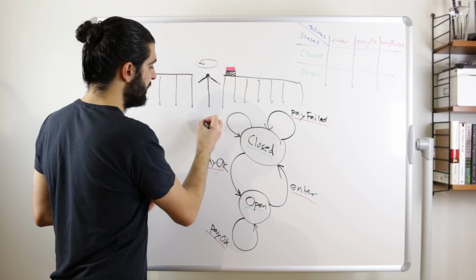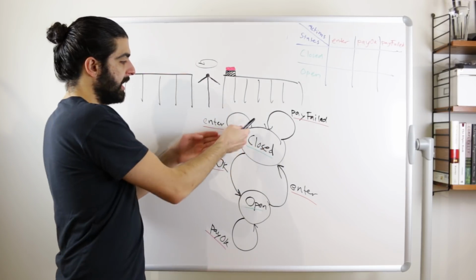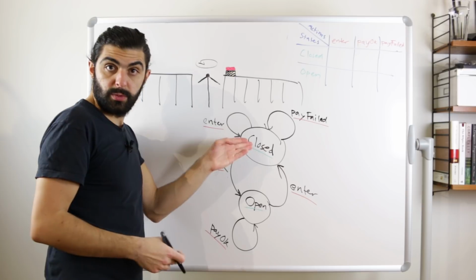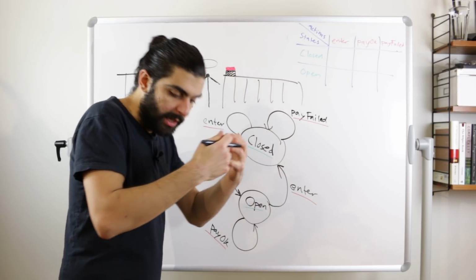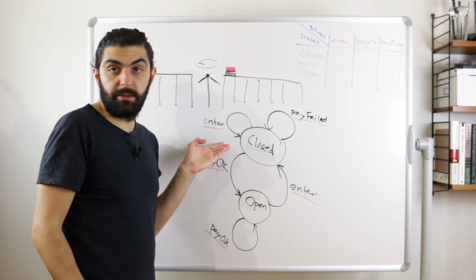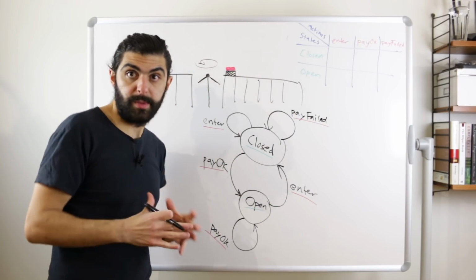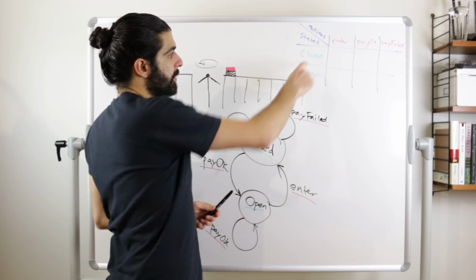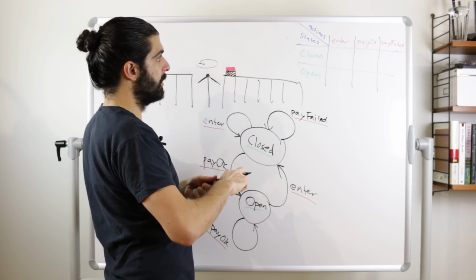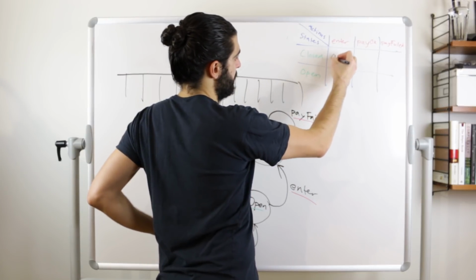So I am in the closed state. I receive the action enter, but I then transition back into the same state, back into the closed state, because I'm not allowed to allow someone to enter if they haven't paid. I'm in the closed state and I should remain in the closed state. So then we know that if we are in closed and we receive the message enter, we should stay in the closed state. So let's here say that the result here is closed.